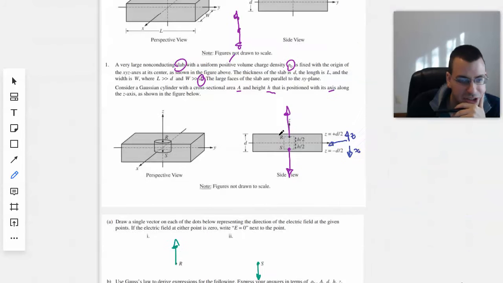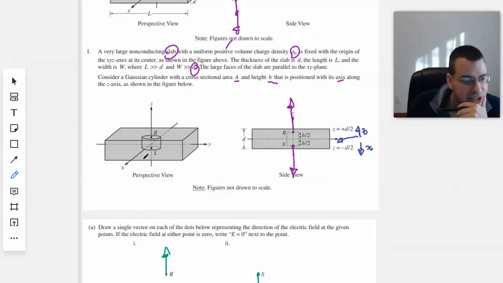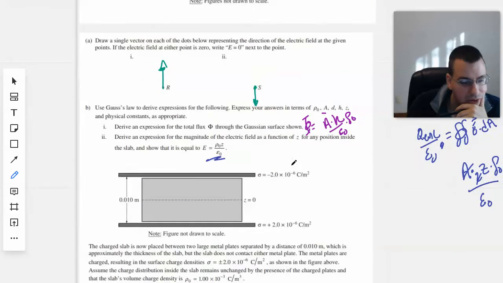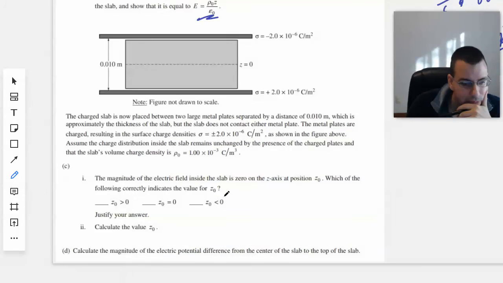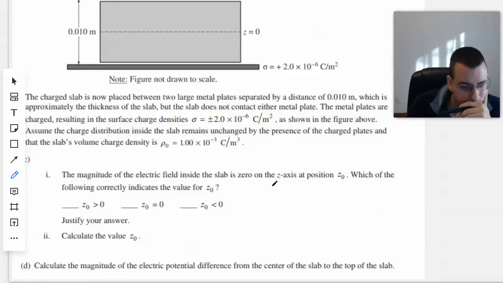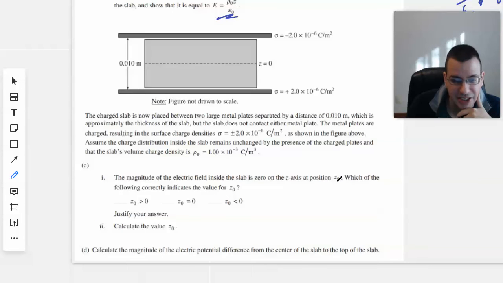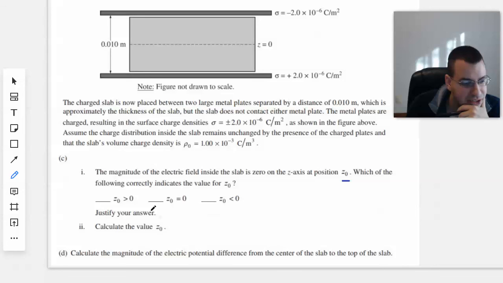Okay, I assume the z-axis is x, y. I assume that's at z equals 0. Which of the following indicates... Oh, okay.